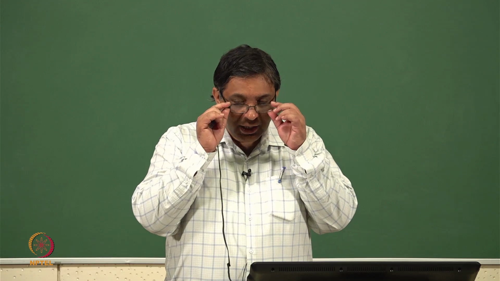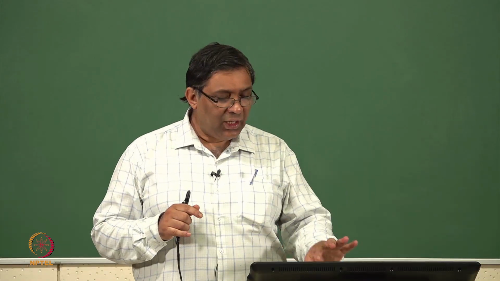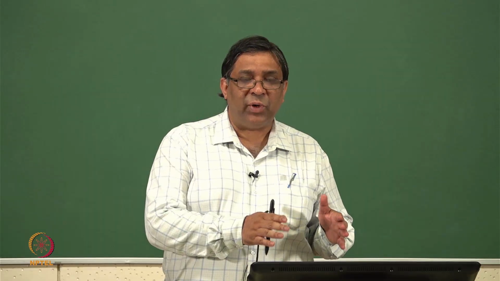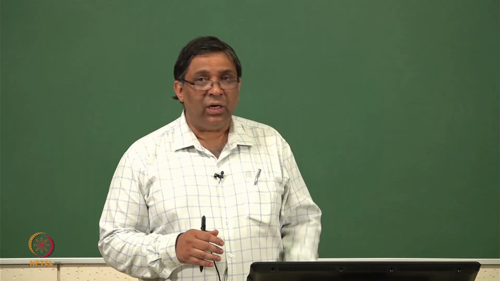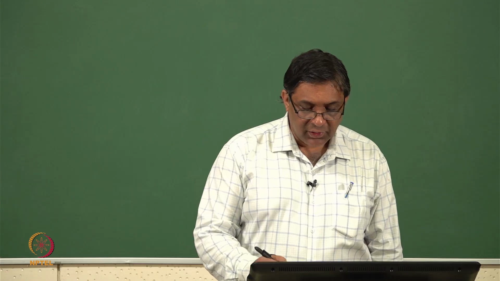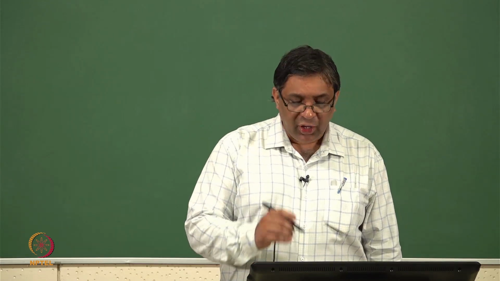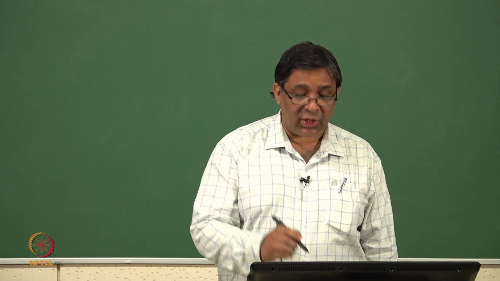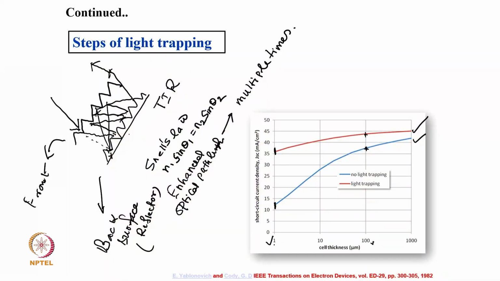So the issue which I discussed is very clearly demonstrated in this particular experiment done in this research work. You have to appreciate that it is not only the enhancement of thickness that increases the short circuit current density, but the texturing is even more important. Then I can go for a very thin wafer and still have almost similar current density.